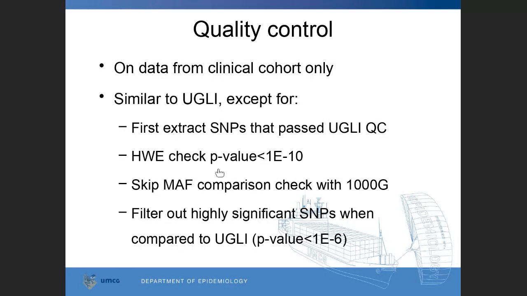Then we performed a Hardy-Weinberg check, which was more lenient than in UGLI itself, because we deal here with a case cohort, so it might be that Hardy-Weinberg equilibrium is violated because they are cases.